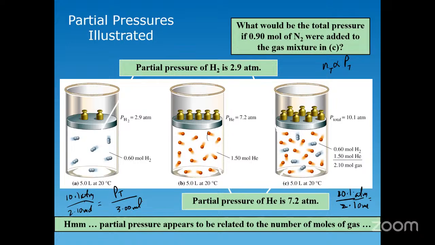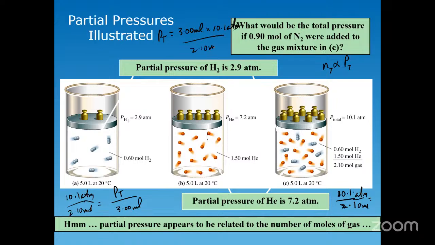But that would be very easy. All we have to do is, PT, the new total pressure, would be equal to 3.00 moles times 10.1 atmospheres divided by 2.10 moles.